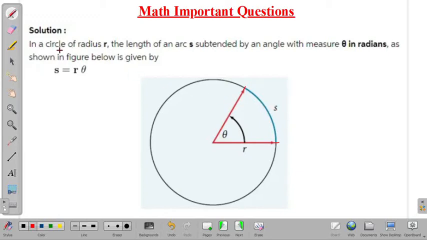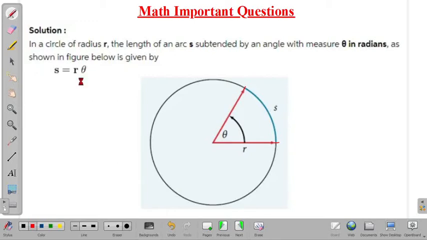So we know that in a circle of radius r, when the angle subtended by the arc at the center is theta radian, then the length of arc is given as s equal to r times theta. Here you must convert theta to radian if it is given in degrees. So theta must be in terms of radian only.